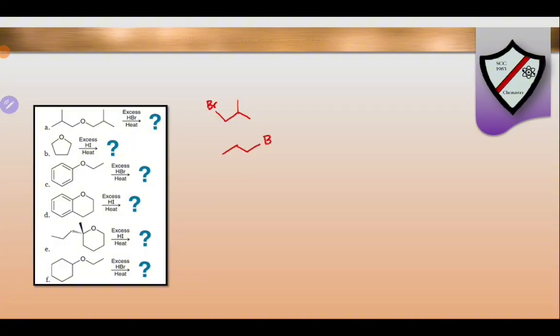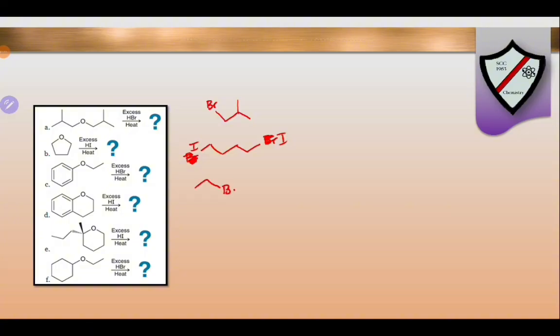We should have 4 carbons, so that's 1, 2, 3, 4 carbons with a halogen. I did that wrong because those are iodines on either end. In the next example, we do see a phenol R group and an ethyl R group, so we should expect an ethyl bromide as one of our products.